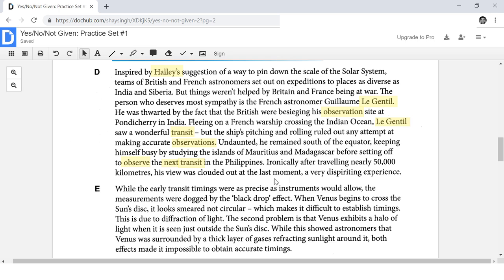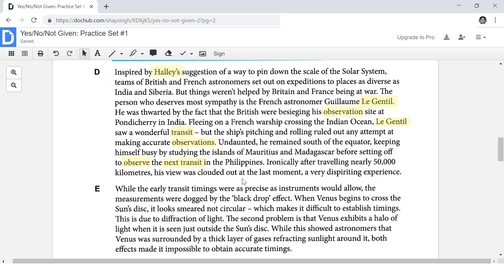So that is tricky language right there. I don't know if you see it, but this is synonym language. It says his view was clouded at the last moment. What does that mean? That means that when he looked up into the sky, he could not really observe any transit, because at the last moment, the sky was filled with clouds. His vision was clouded, so he could not see it.